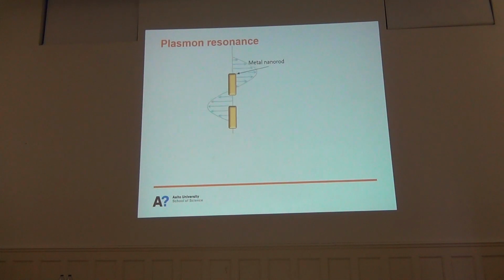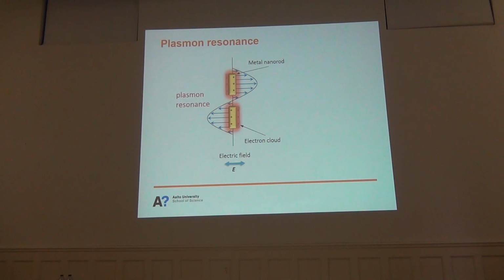If we take, for example, a metallic nanoparticle and put it under an optical field, and the size of the nanoparticle is smaller than the wavelength of this optical field, it will cause the electron cloud to oscillate, and with some suitable frequency the electron cloud oscillates resonantly with the optical field. And this is called the plasmon resonance.